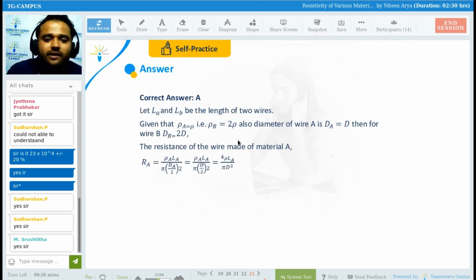Okay, how can we find it? Let LA and LB be the lengths. Given that rho A equals rho, rho B equals 2 rho, and the diameter of A is D, and of B is 2D. So resistance RA equals 4 rho LA upon pi D square. Why pi D square?